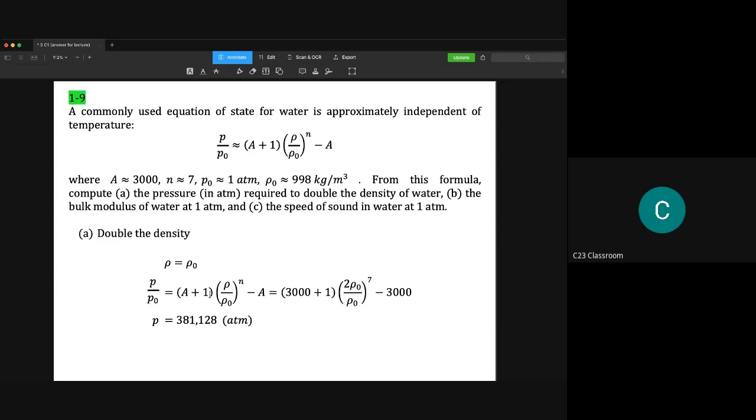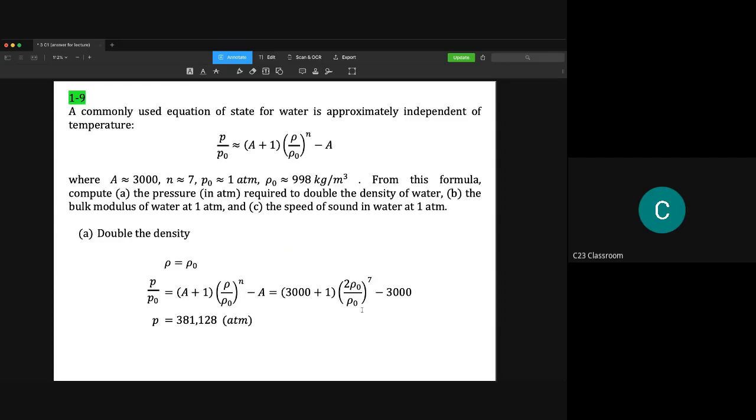So the idea is to double the density. We have the equation here, and when we want to double the density, rho naught is the standard value of water, and the density here is the density we want to get. Because we want to double the density, we put 2 rho naught in the equation, meaning we want 2 times the density at the end.